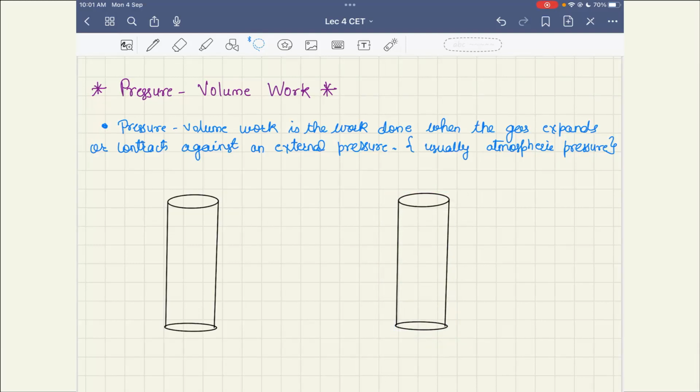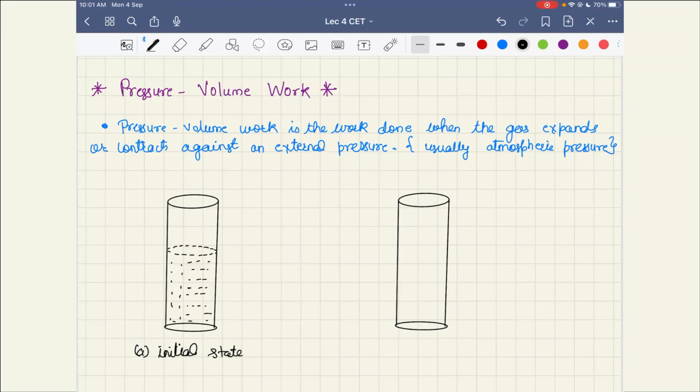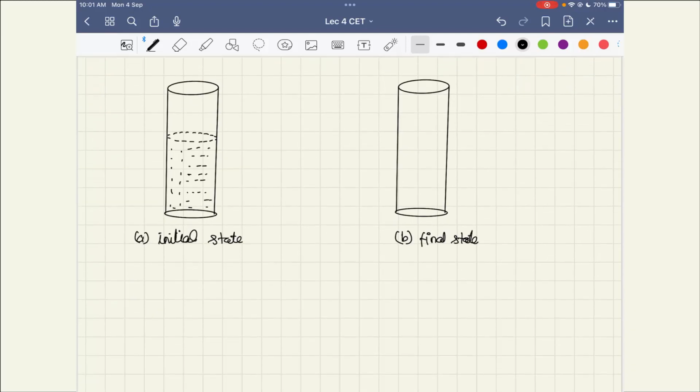Here, let us consider that there is some gas inside this. Now let us consider that this was an initial state, and this is B, which is the final state. Let's consider its pressure is P and initial volume is Vi, right?